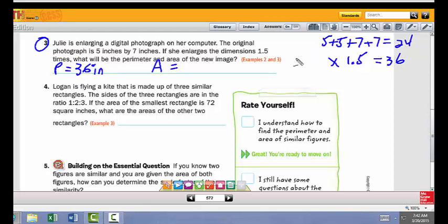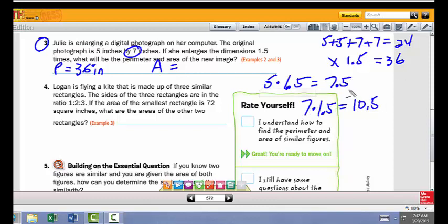Another way to do this would be to multiply each side. So 5 times 1.5 equals 7.5. That's our new dimension. The other side, 7 times 1.5 equals 10.5.